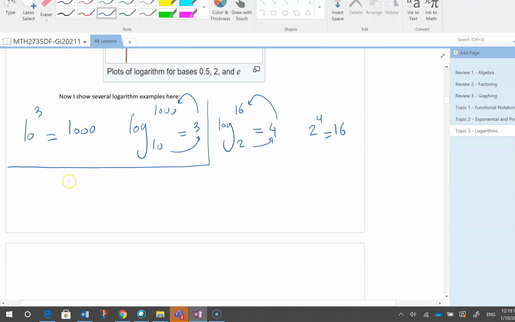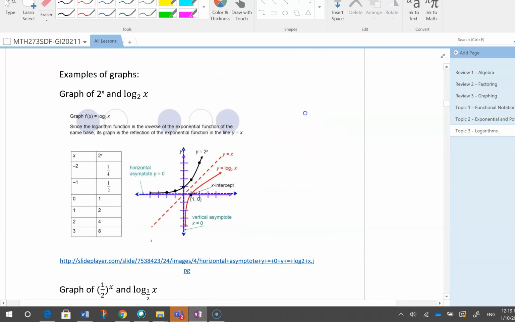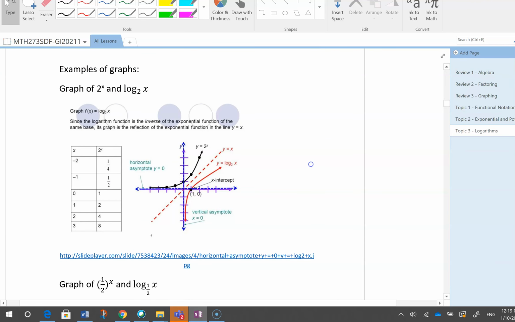So if I have logarithm of x base a is y, then I have a power y equal x. So this power is this one. Here I want to show you the graph of 2 power x and the graph of logarithm x base 2.